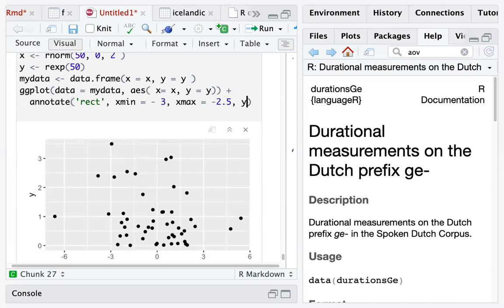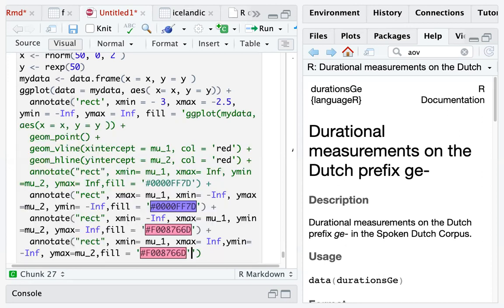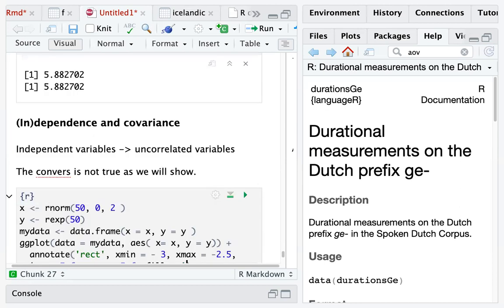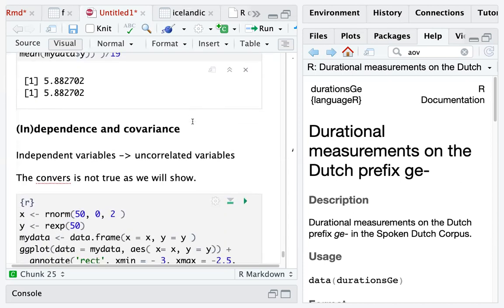So y min is equal to -inf, and y max is equal to inf. And I fill it with the color that I used before, this color here.